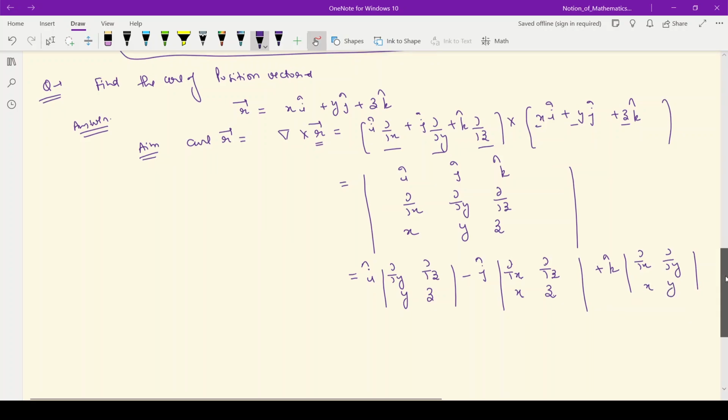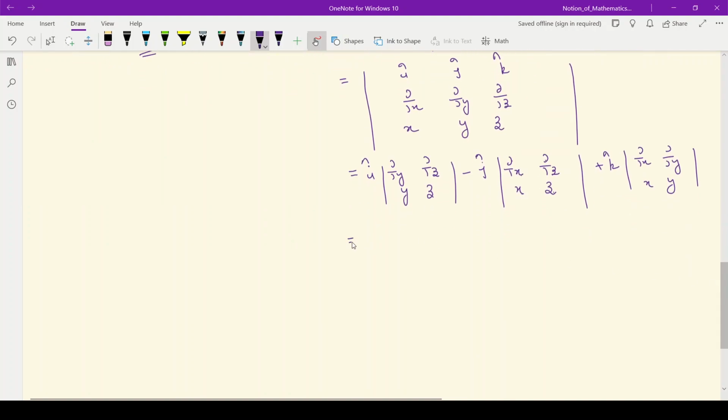So now we may easily evaluate these terms, that is i cap. So it is partial by partial y of z minus partial by partial z of y, minus j cap.